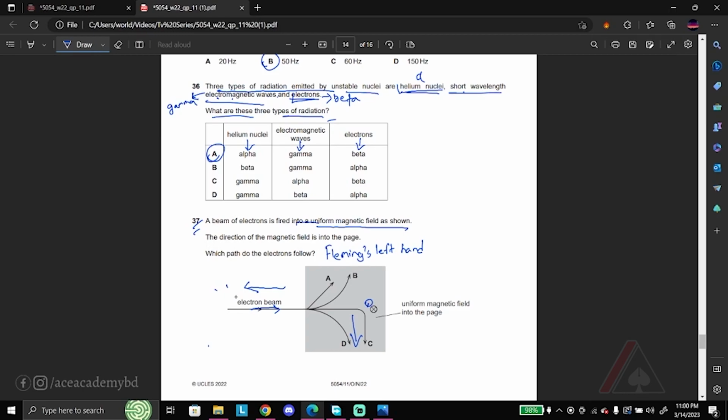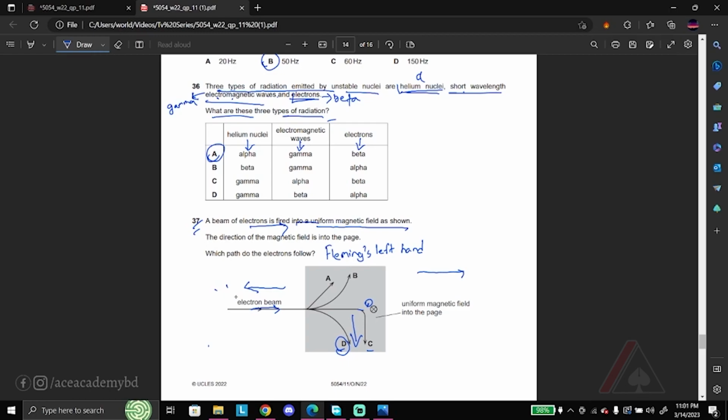So now the confusion could be between D and C. The answer would be D here. C shows a sudden and direct turn from a specific point. Now, the electron beam is already fired with a force of its own that's moving in this direction.